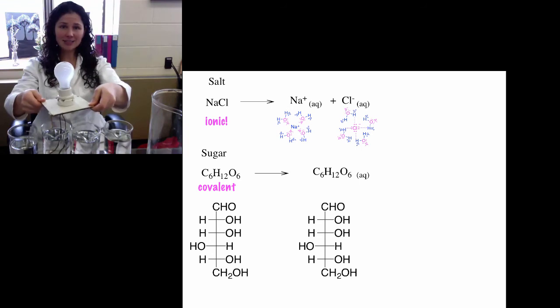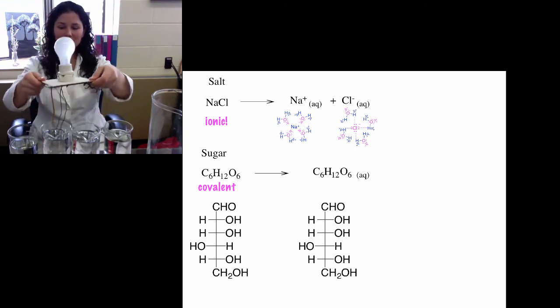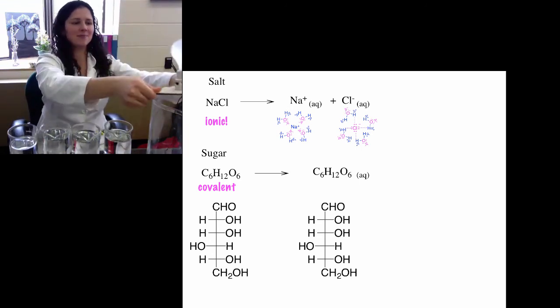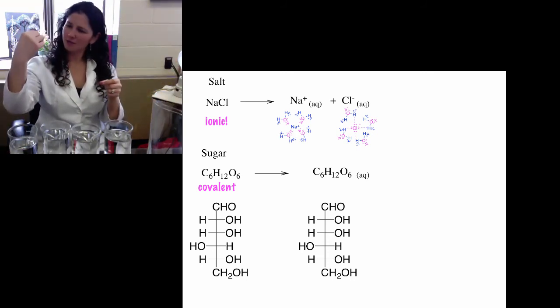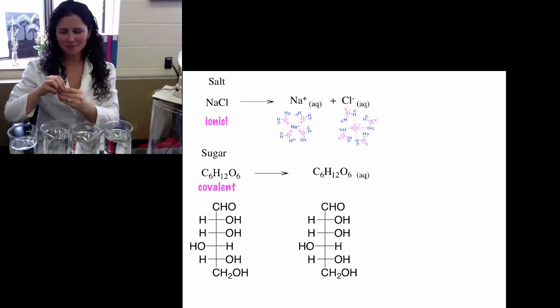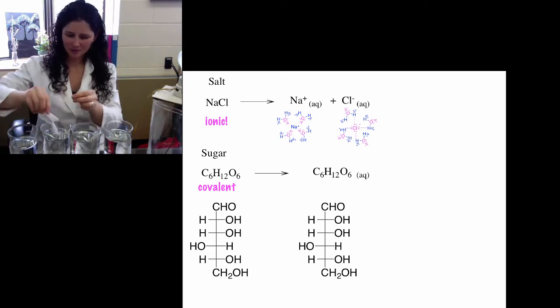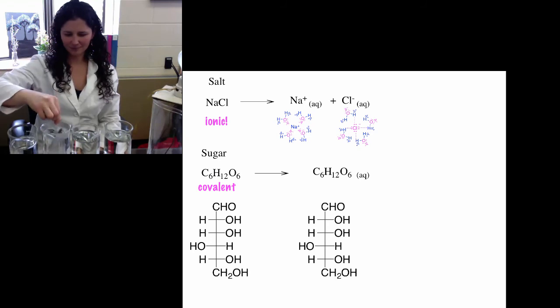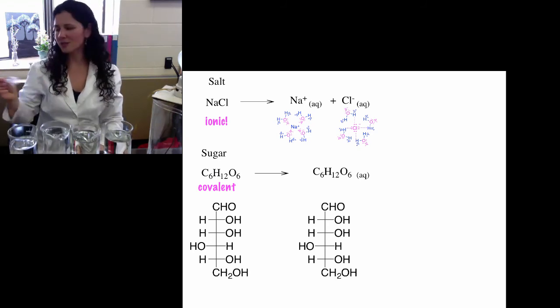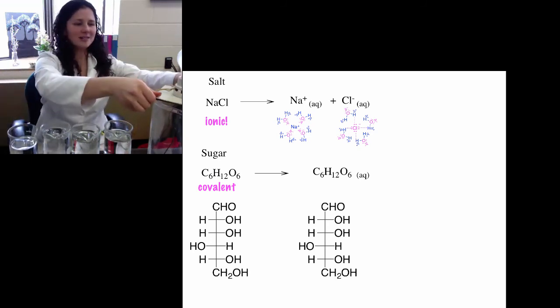Notice that it's not conducting electricity because it doesn't have any ions in it. Now, what if I put an entire packet of Dunkin' Donuts sugar into this beaker? It's almost all dissolved.